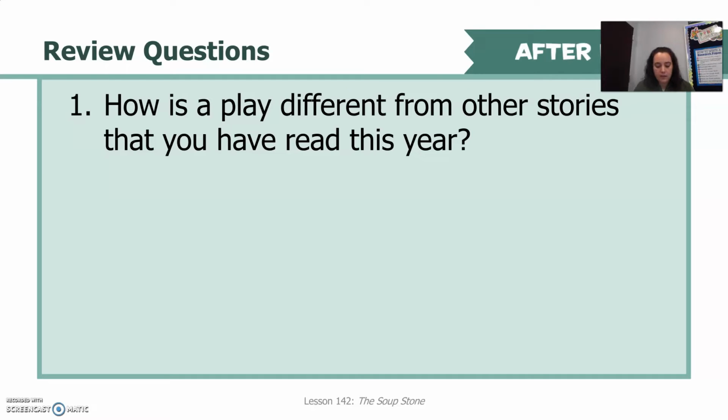Then again, mark the syllable, write the pronunciation, write the word into syllables, and use your spelling dictionary to help you look it up. And then for 11 through 13, you need to circle the correct way it is written, and you can look those words up in the spelling dictionary as well to get the right answer.